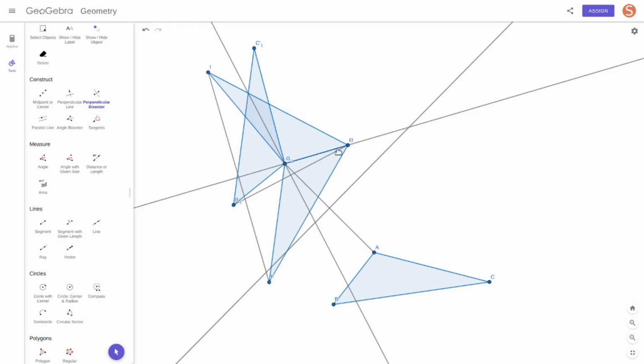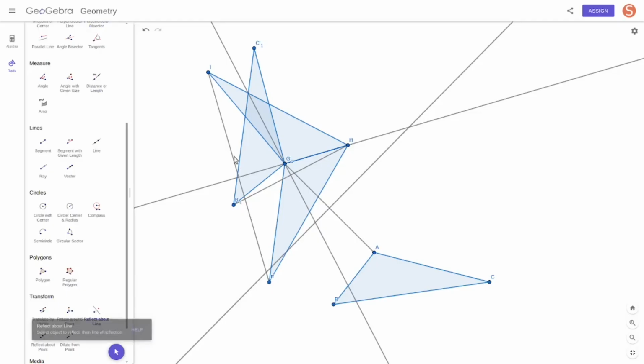So that means that they don't move when I do the reflection. So I take my triangle, and I reflect it about my perpendicular bisector, and now I've landed on top of DEF as desired. So this example illustrates the situation when we needed to do 3 reflections.